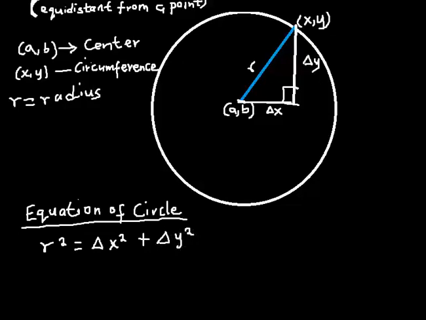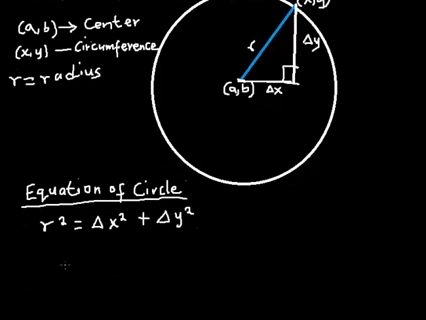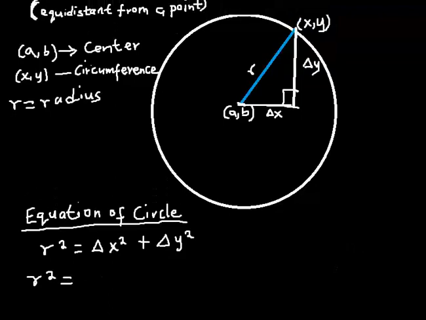Already we know how to evaluate increment. The increment in x is going to be x2 minus x1, but in this case x2 becomes x, and x1 becomes the center, which is a.